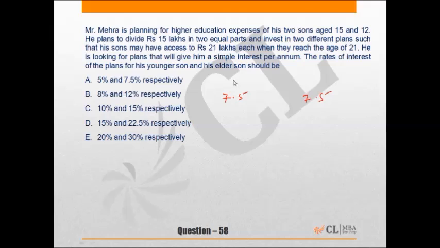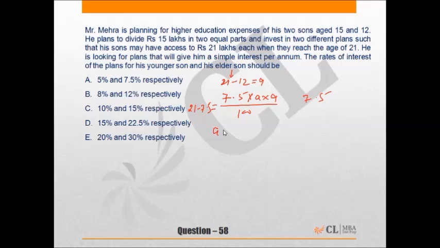So the amount that is invested for the younger son is 7.5 and it is for the period 21 minus 12, which is 9. So in case the rate of interest is A, then the interest that we need should be 7.5 into the rate of interest, that is A in this case, into 9 upon 100, and it has to be equal to 21 minus 7.5.